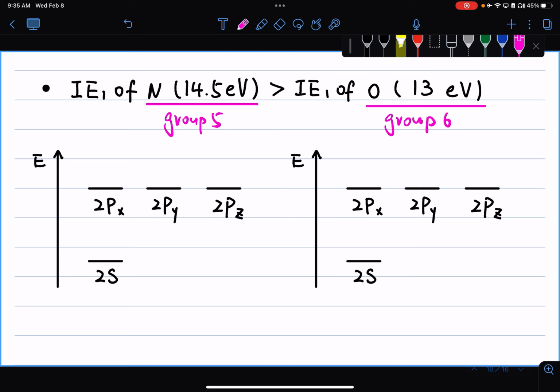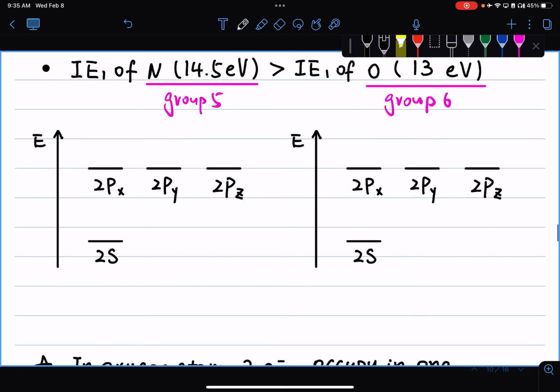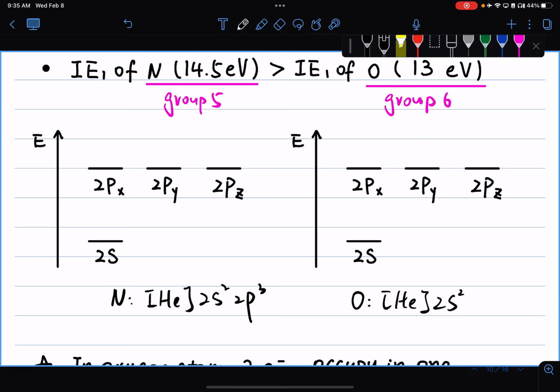However, in this case, if we write out their electron configurations, nitrogen is helium 2s2, 2p3, and oxygen is helium 2s2, 2p4.